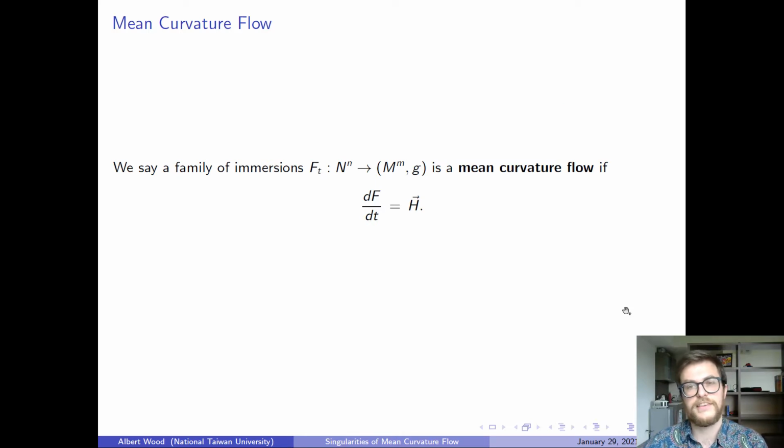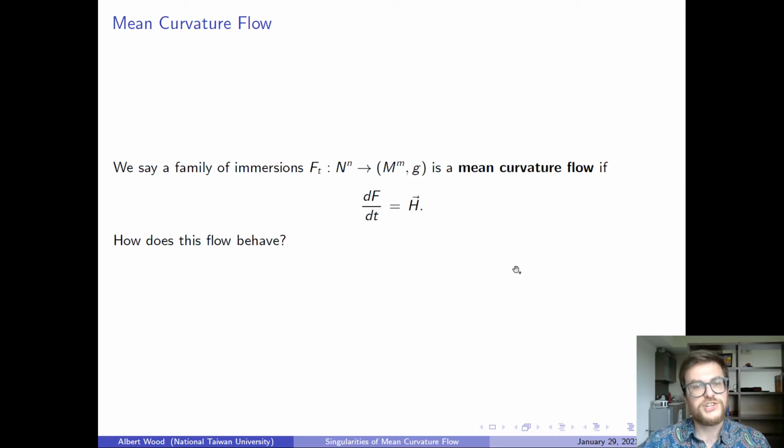So this inspires the definition of mean curvature flow, which is where we consider now a family of immersions that move by the mean curvature vector. So at every time the derivative of this family of immersions in the time direction, in other words, the variation in time, is given by the mean curvature vector. And so this is the most efficient decrease in volume, or the gradient descent of the volume functional.